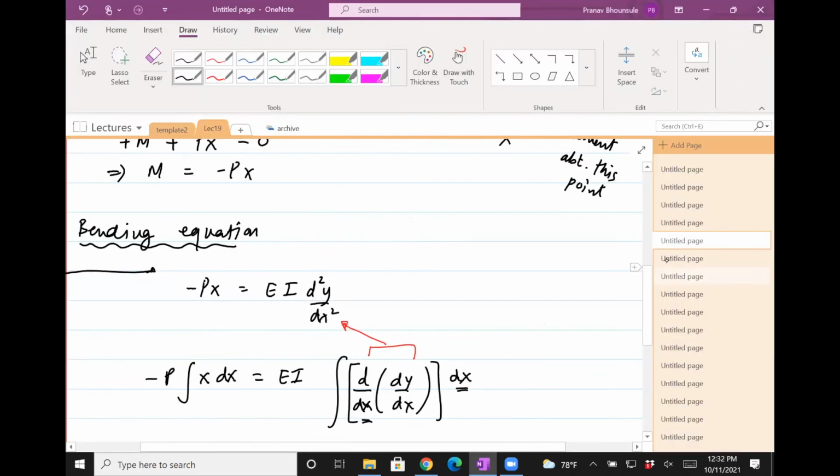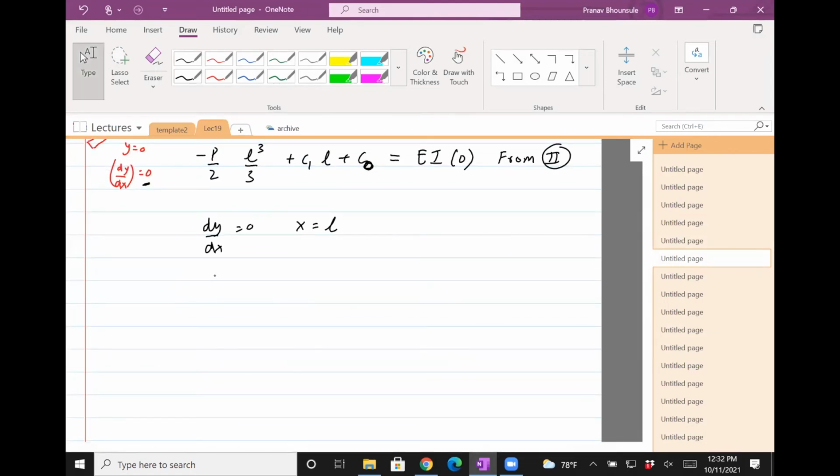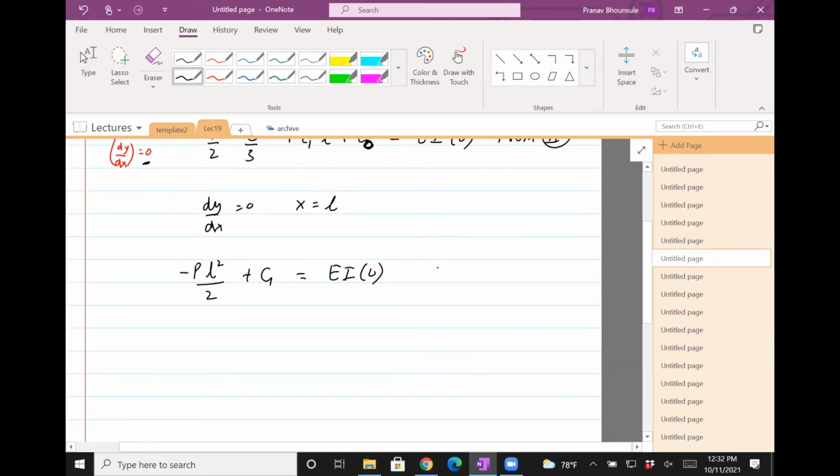So putting that down, PL squared divided by 2 plus C1 equals EI times 0. So this is from 1. So from here, we can write C1 equals plus PL squared divided by 2.